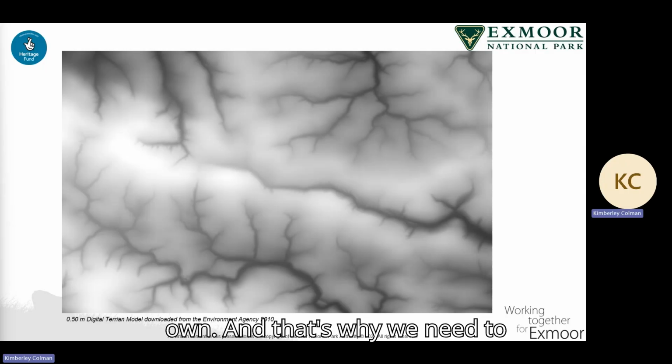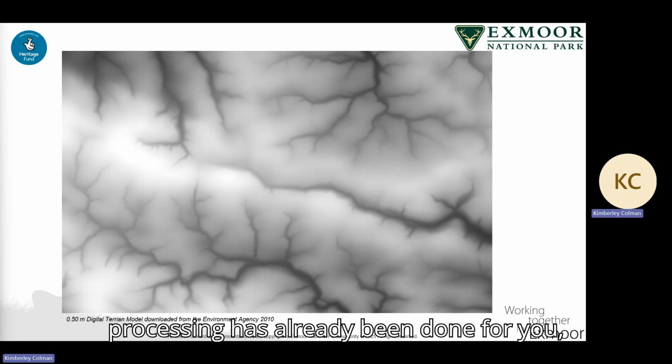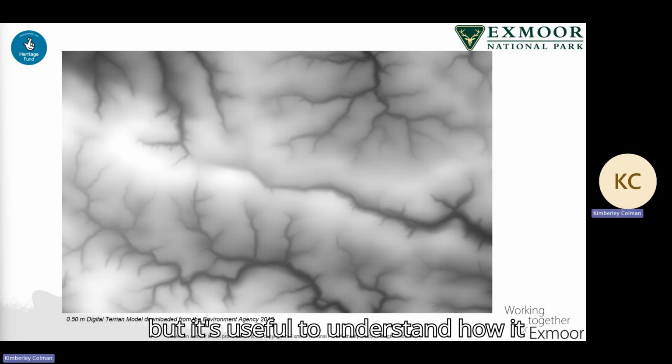And that's why we need to manipulate the data using visualization techniques to bring out subtle features in the landscape, like our banks and ditches. Don't worry, this processing has already been done for you, but it's useful to understand how it works so you can better interpret what you're looking at and recognize the kinds of features we're trying to uncover.